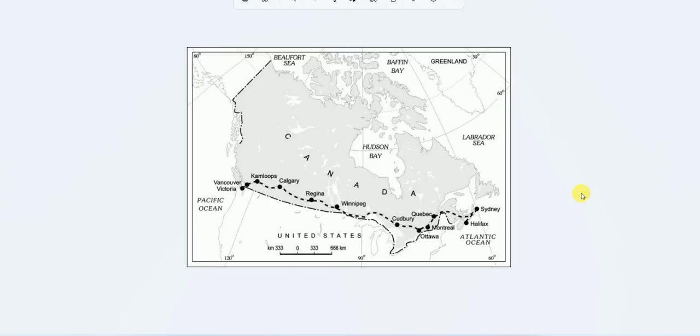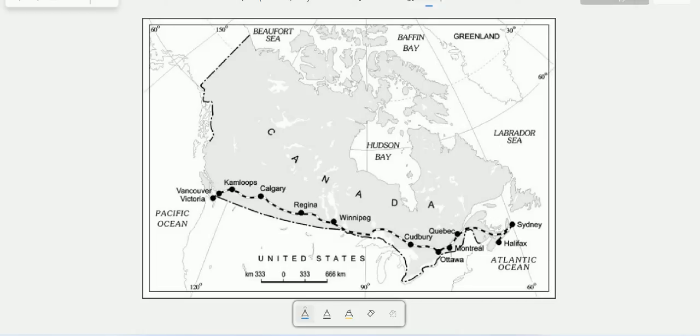So this is the Trans-Canadian Railway, and Vancouver is here and Halifax is here, and this is the track passing through many industrial and agricultural centers.